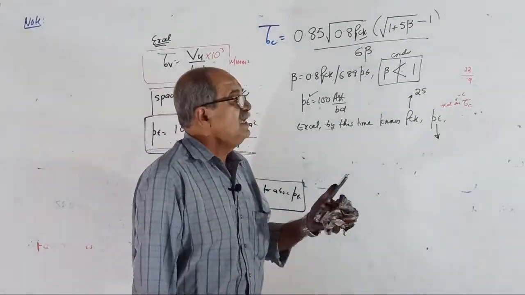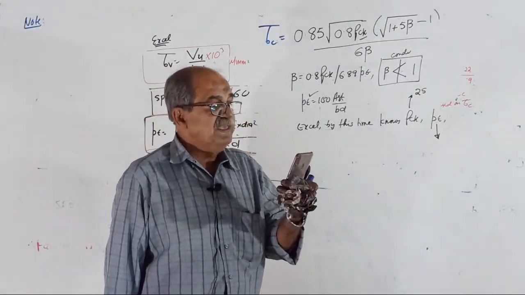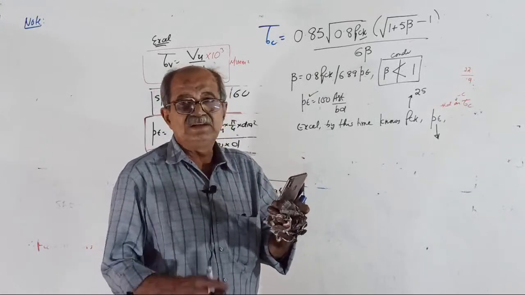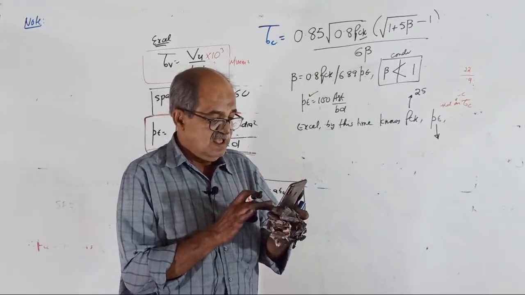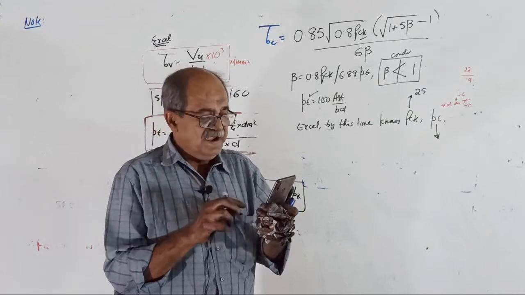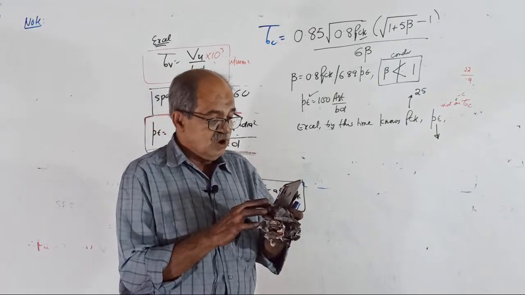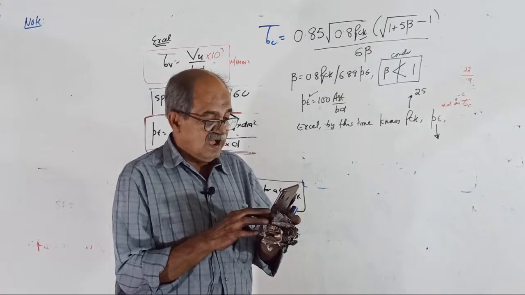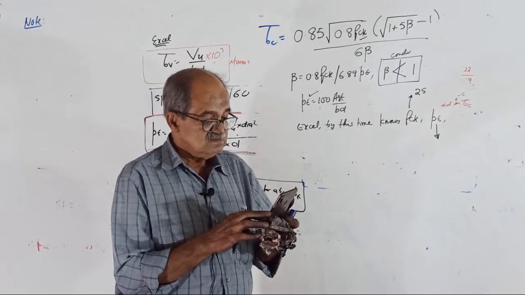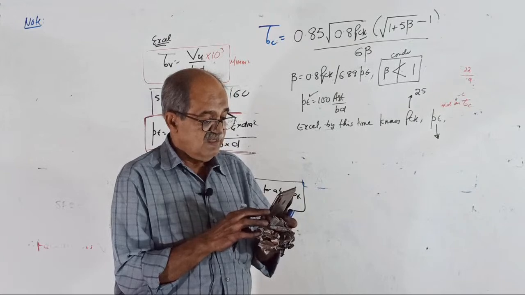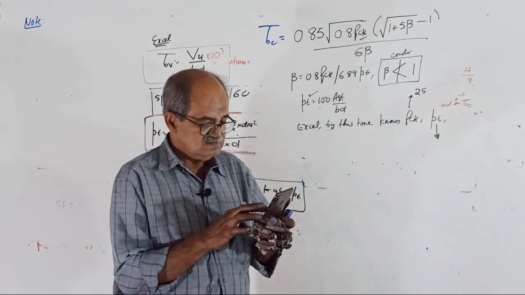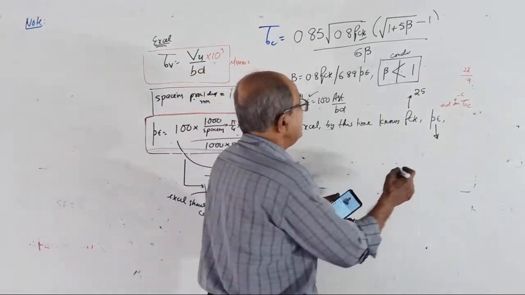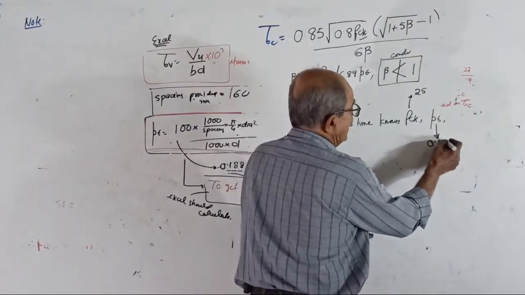What value did you say for PT? 0.188. Excel knows this one, correct?